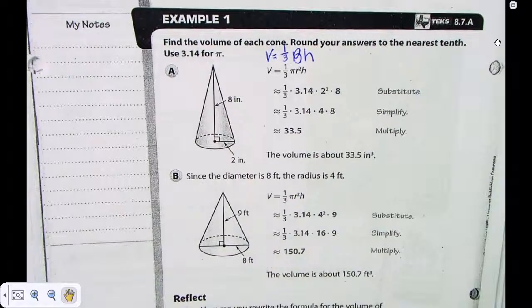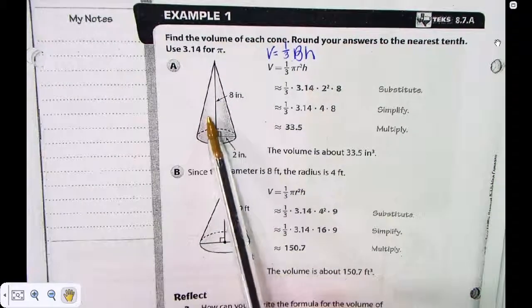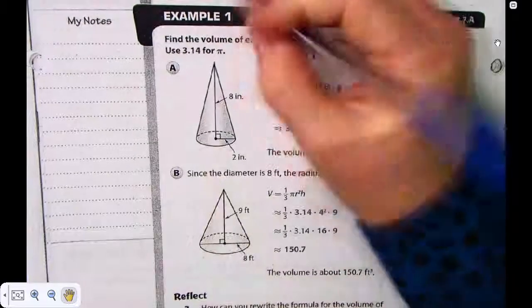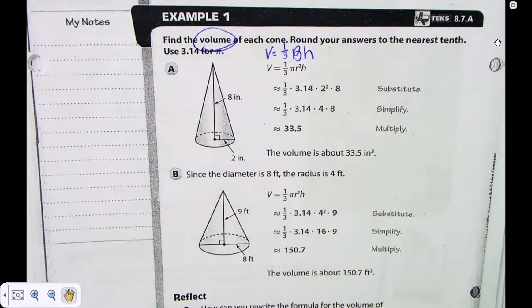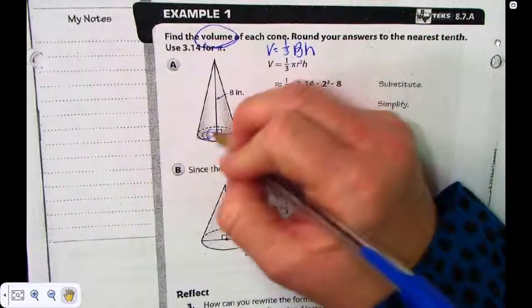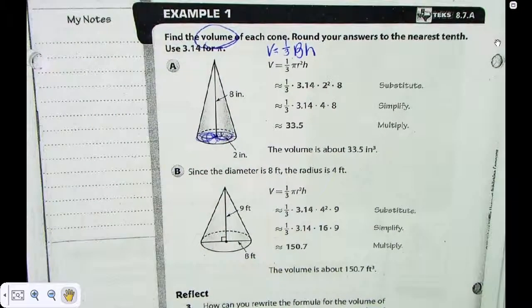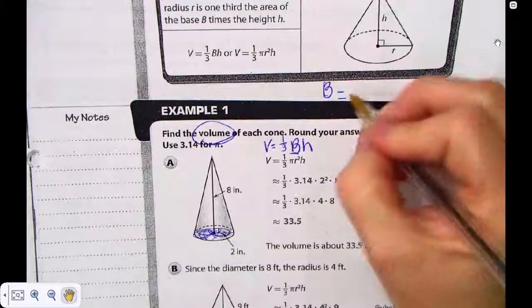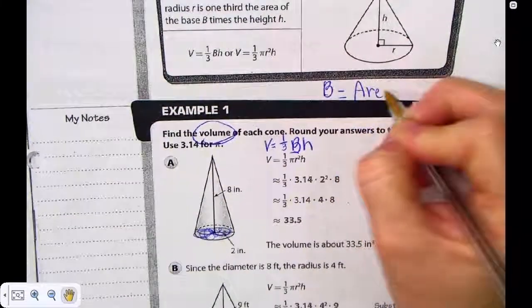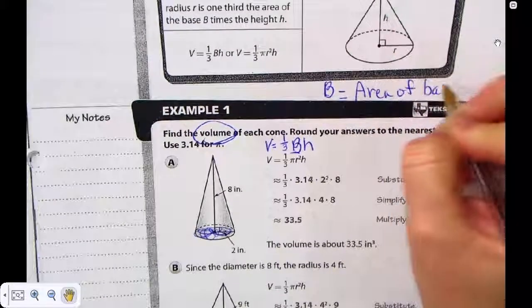Really the only thing you have to think, because you all know that's a cone and it tells you to get the volume, is: what's the base? Oh, the base is a circle. So to get the capital B, let's write this in. You're getting the area of the base.